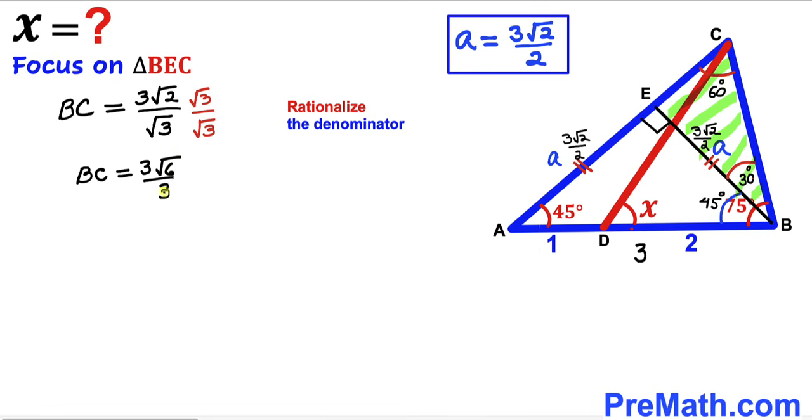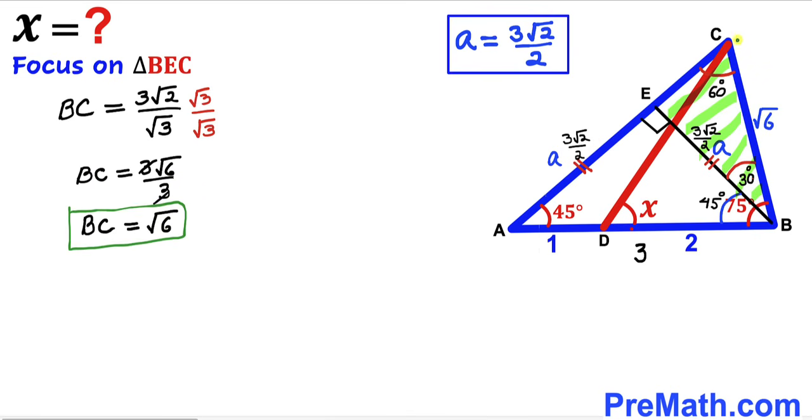And now here 3 and 3 is gone. So therefore, our BC side length turns out to be square root of 6. So thus this BC side length turns out to be square root of 6.